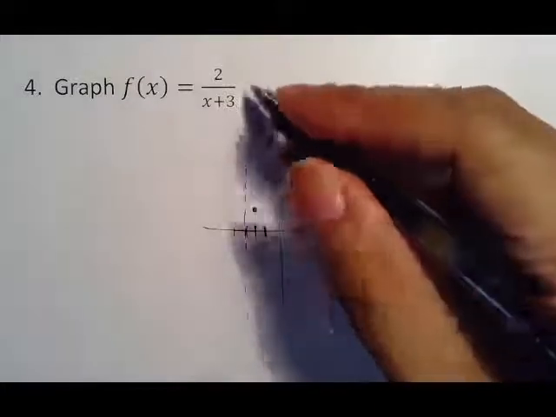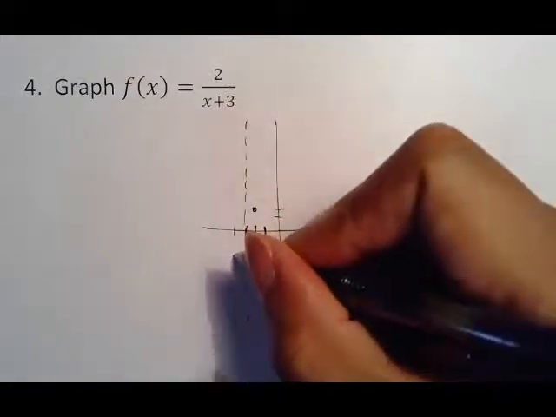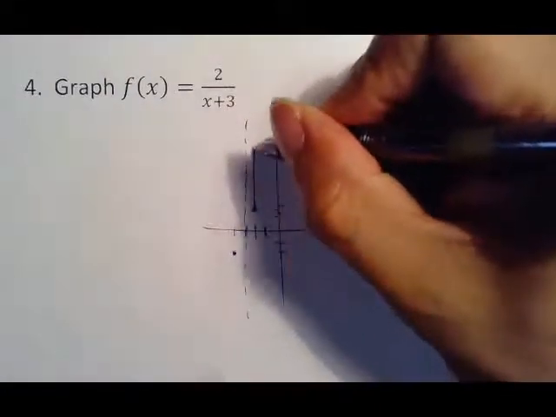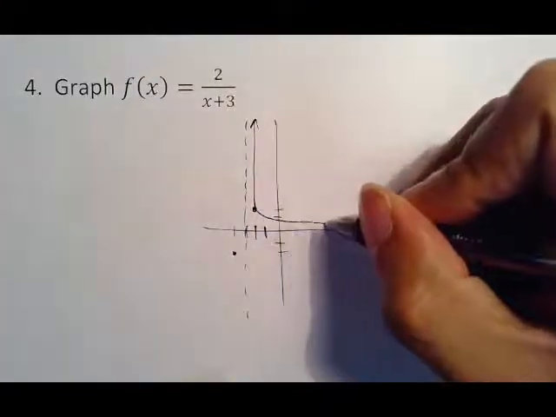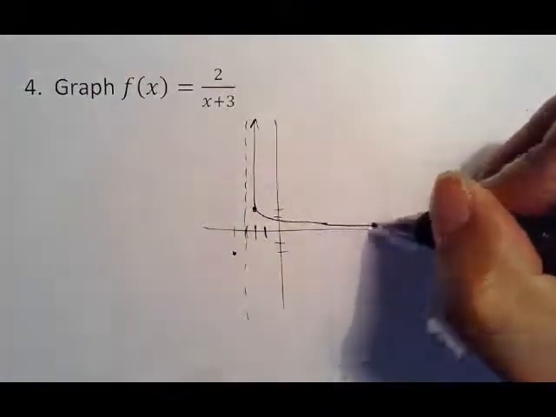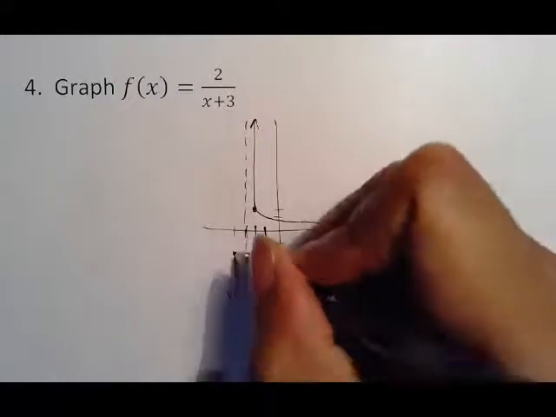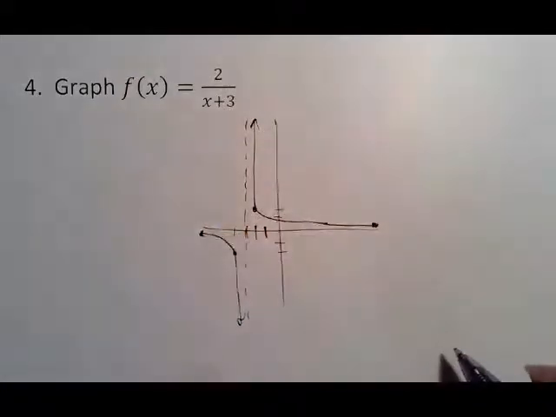And -4 gives me a -2, so I should be here. And again, from there, draw a picture that approaches your wall and your floor at the same time.